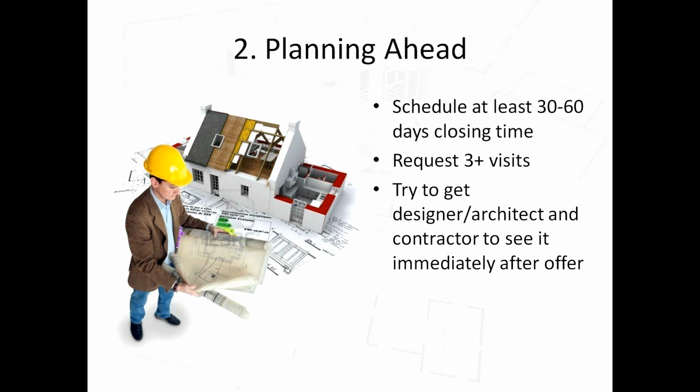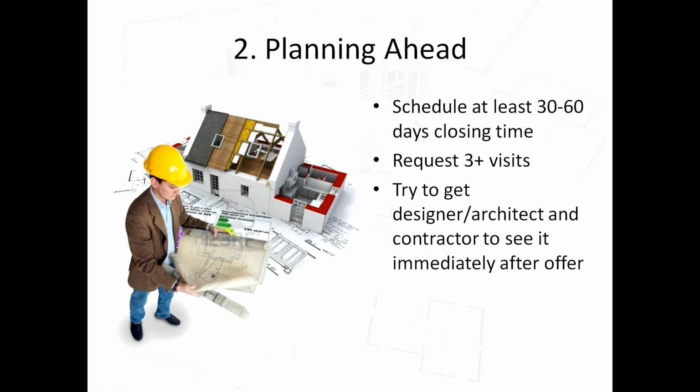So assuming you found the perfect property and you placed an offer on it, and now you're ready to do a legal conversion, either something that's existing, or you want to take an old house that is unfinished, or you probably want to gut it and redo it. So you want to plan ahead. I generally recommend try to get at the very minimum 30 days closing. Okay, 30 to 60 days minimum is what I would recommend. If you can get more, that would be great.